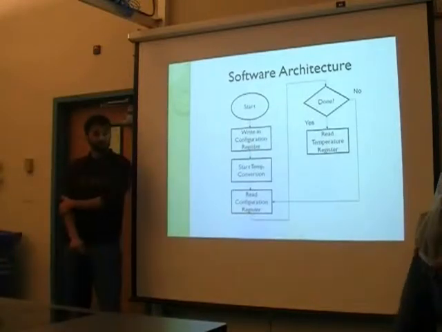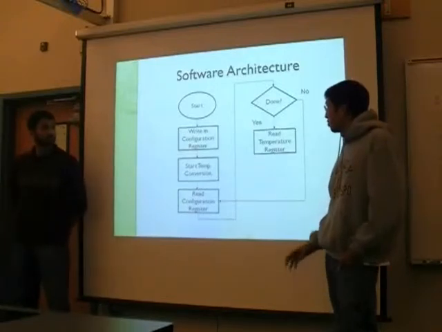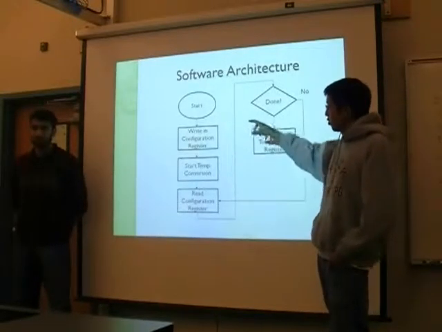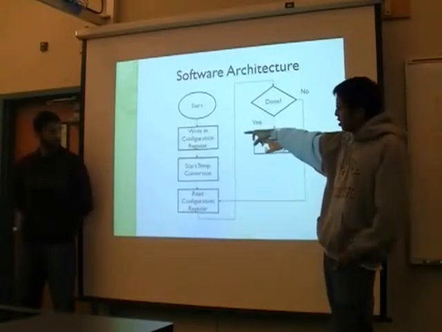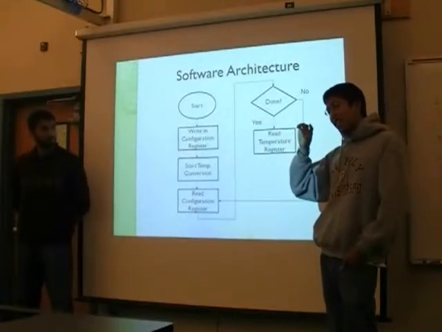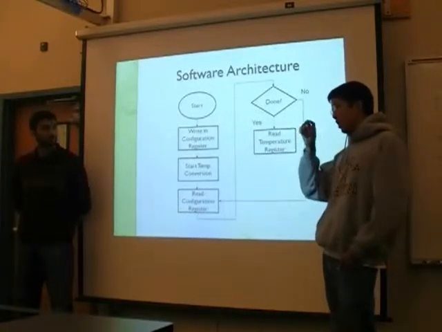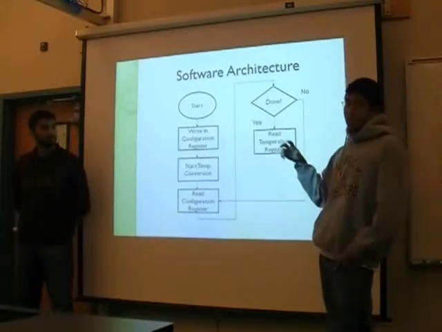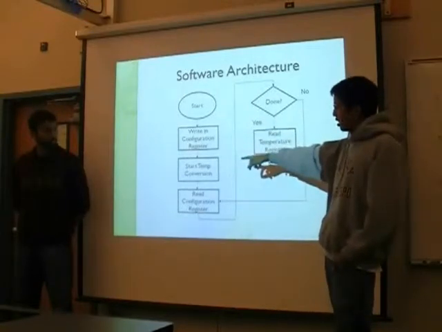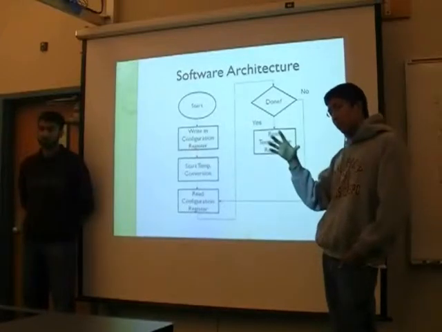Our software architecture: this is how our PMOD reads temperatures. First you need to write to the configuration register, where you set the resolution: 9, 10, 11, or 12 bits. That's for the decimal places. Ours right now is 12 bits. Then you start the temperature conversion, which stores the result in the temperature register.